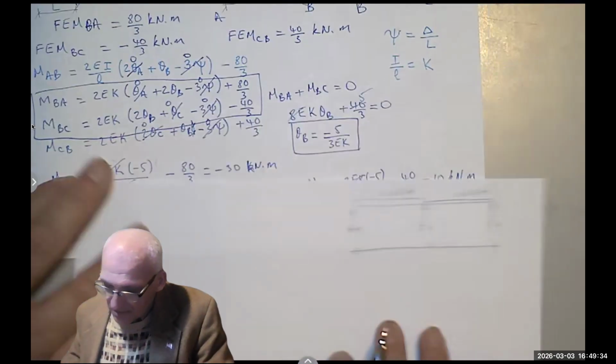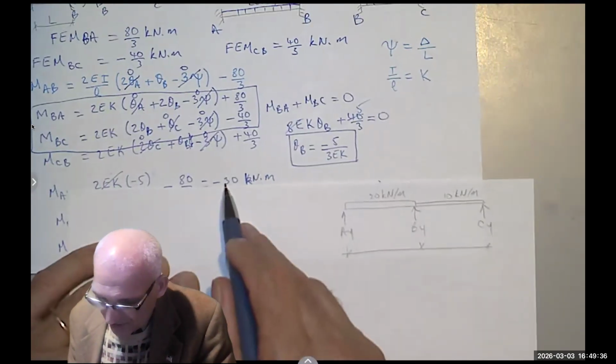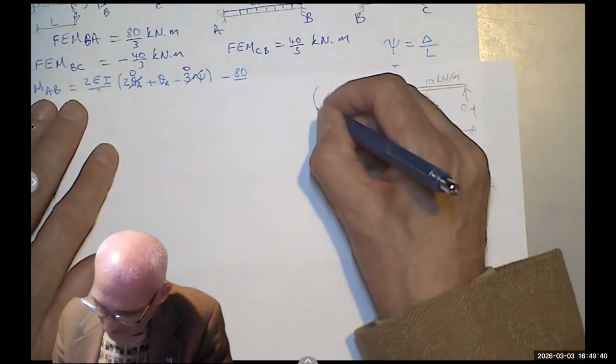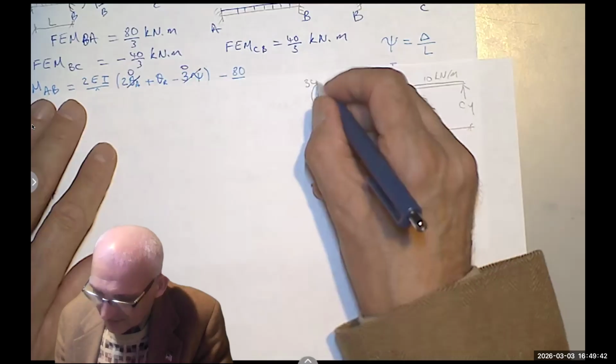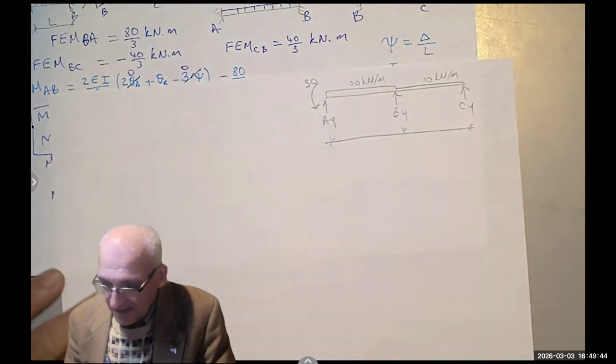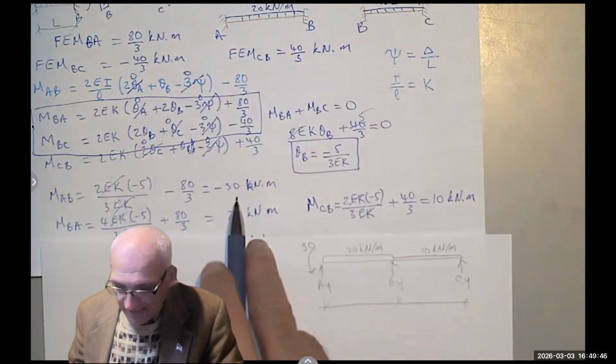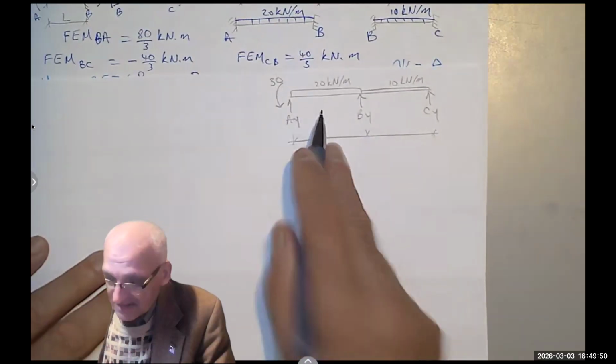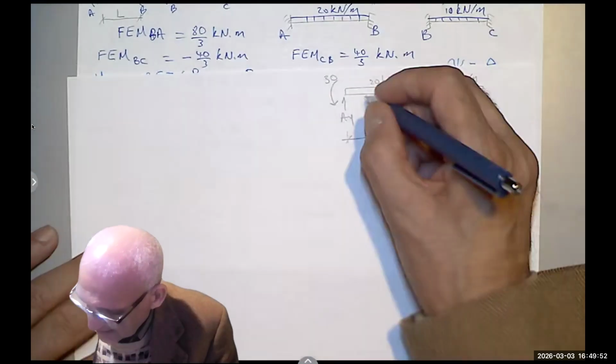So notice we have a moment of negative 30, meaning it's counterclockwise, because we assume that if it's counterclockwise, it would be negative, and we ended up with MAB being negative. But in the analysis, it would be positive, right? Because it's rotating counterclockwise.